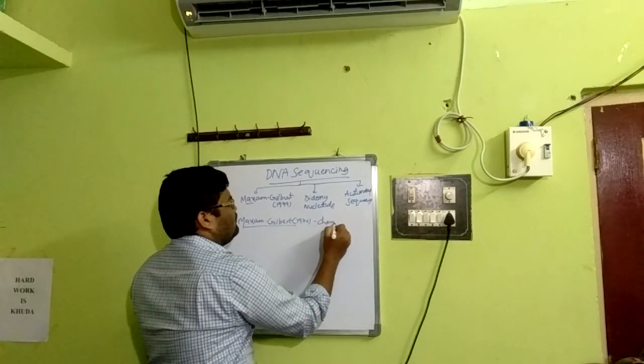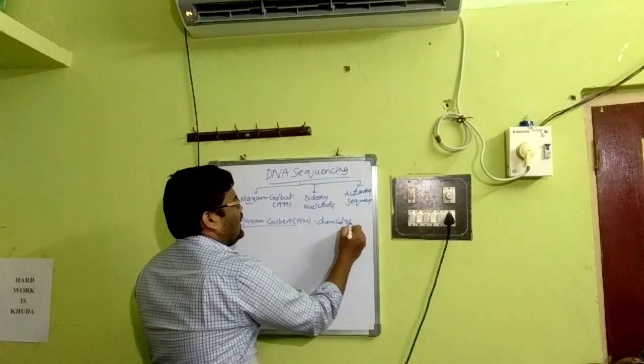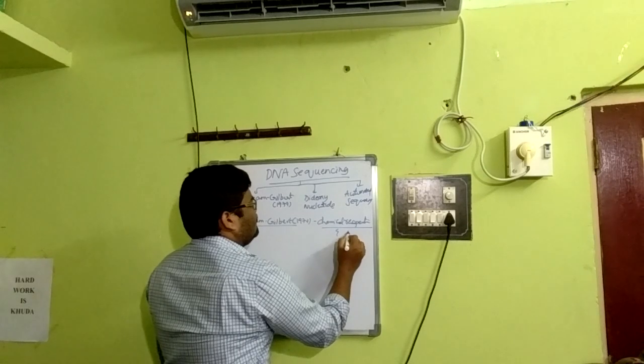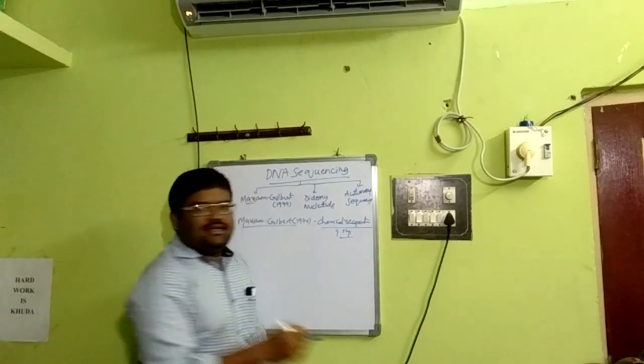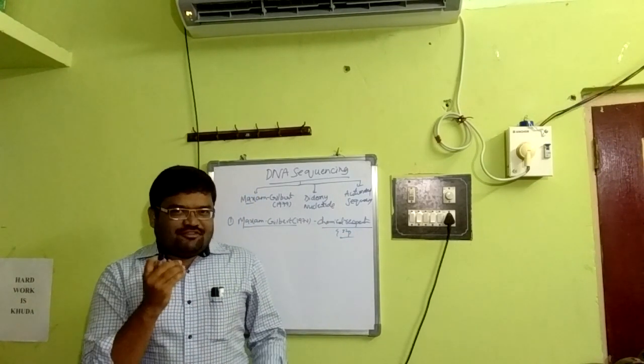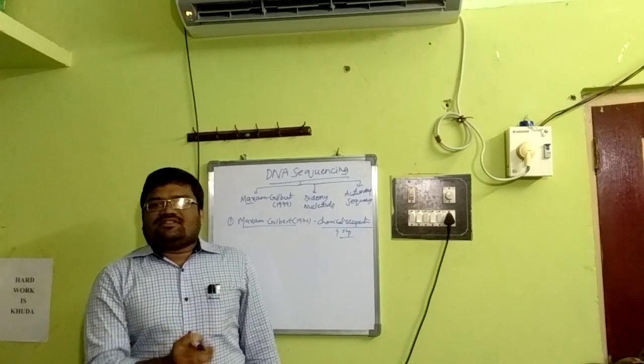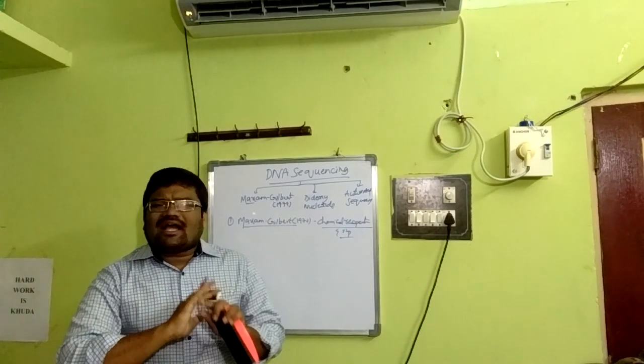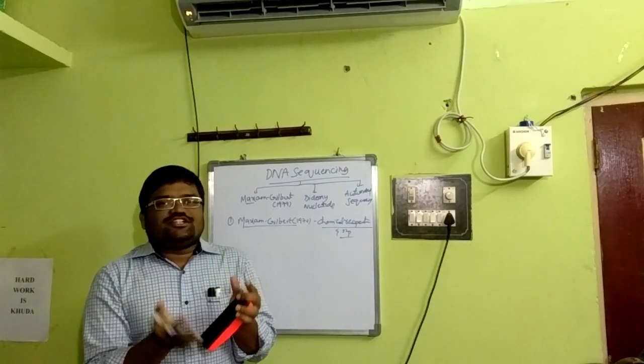This technique is completely based on chemical reagents and reactivity. Maxam and Gilbert, for the first time in 1977, worked out this technique for DNA sequencing, and it completely depends on chemical reagents.